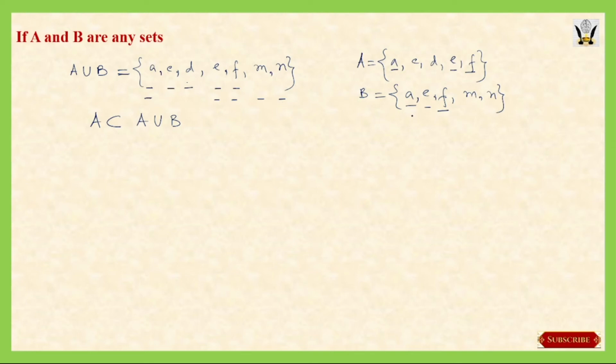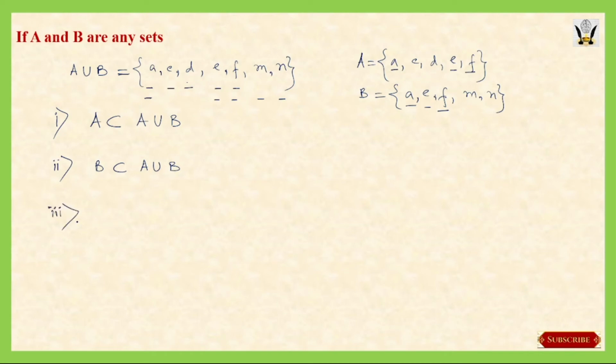That means B has 5 elements, and all the 5 elements are also part of this resultant set. So we can say at the same time that B is also a subset of this union of A and B, and that is always true.